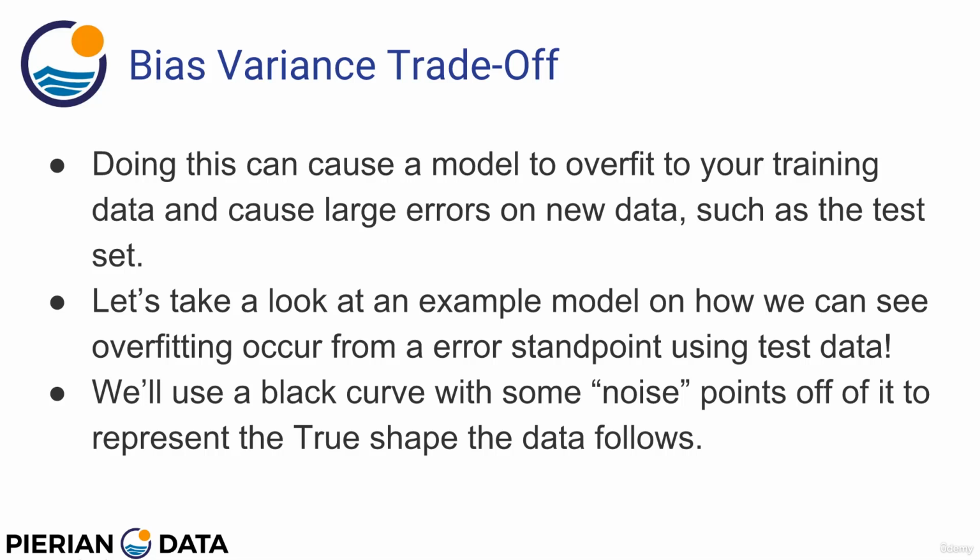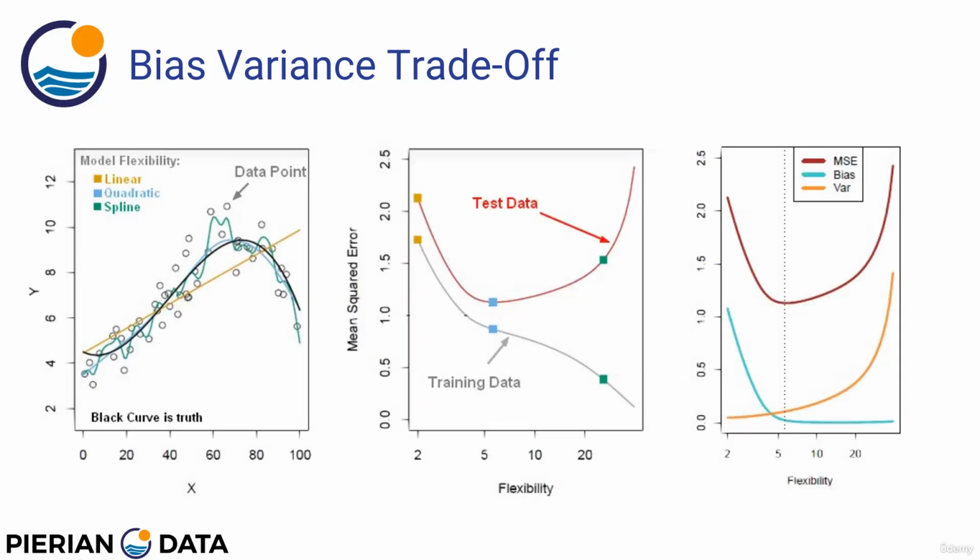What we're going to do is take a look at an example model on how we can see overfitting occur from an error standpoint using test data. We'll use a black curve with some noise points off of it to represent the true shape the data follows. Alright, we have three images here.